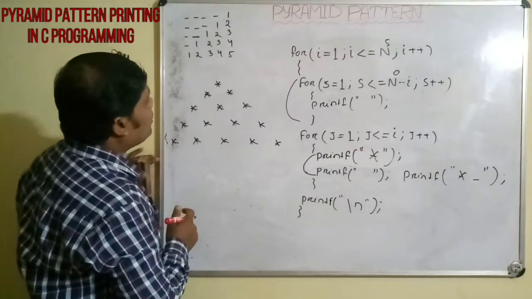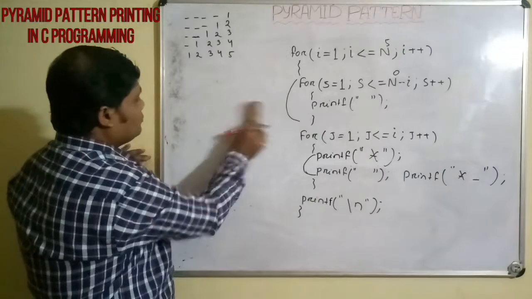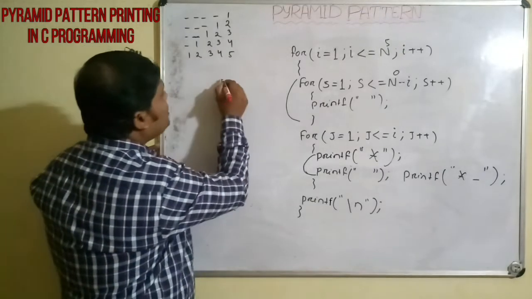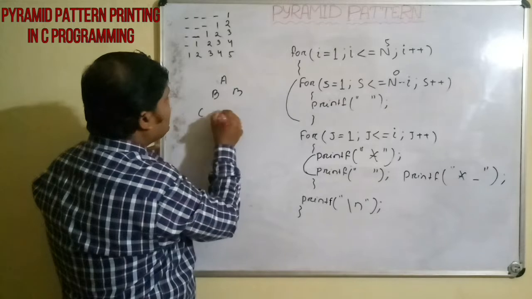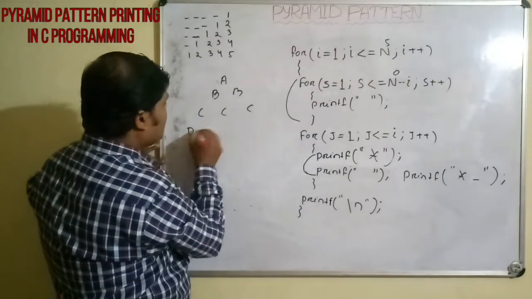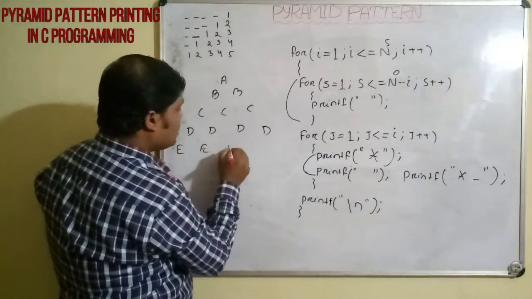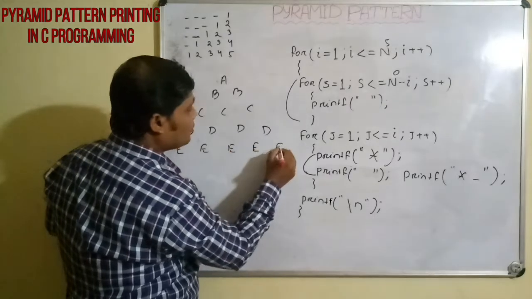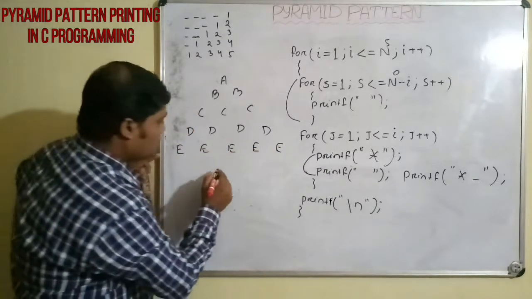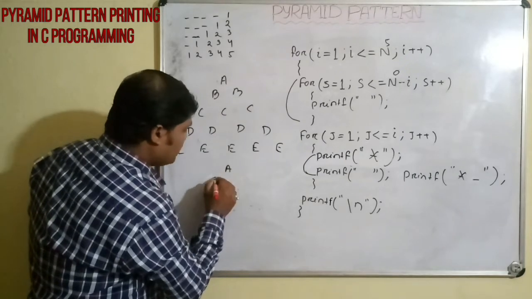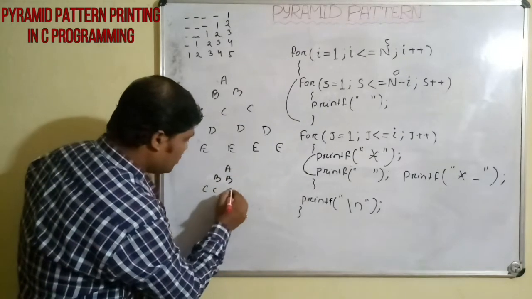Next, suppose we take another pattern. Suppose this is A, then BB, then CCC, DDDD, then EEEEE. If you know how to print this pattern, we have already discussed it in previous videos.